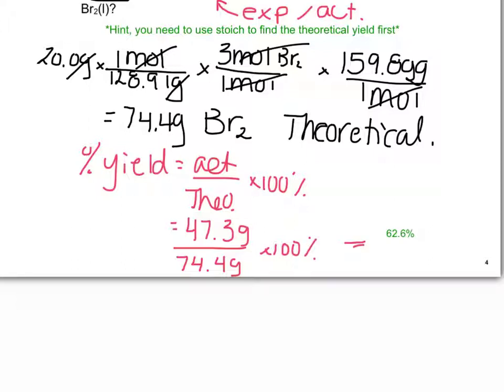We should get 62.6%. Better than 18 for sure. Still not where we'd want it. For a good reaction and good technique of collecting these solids or liquids, we want in about the 90s. All right, that would be an excellent experiment.